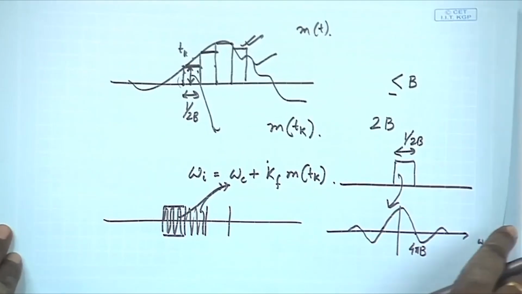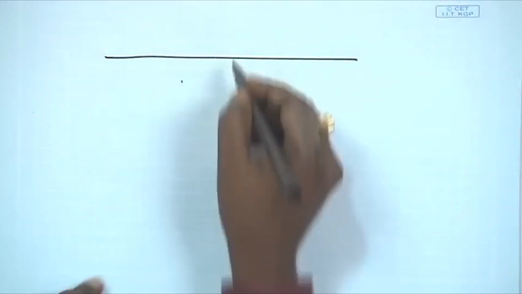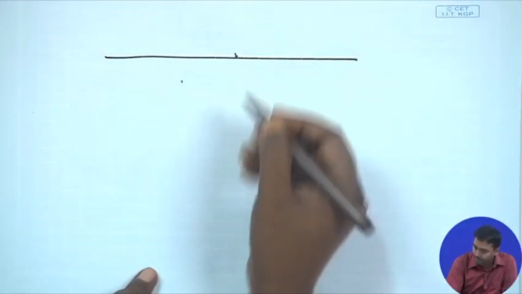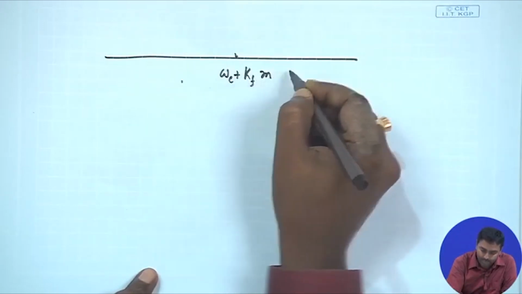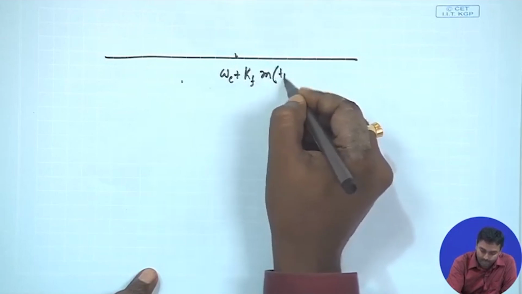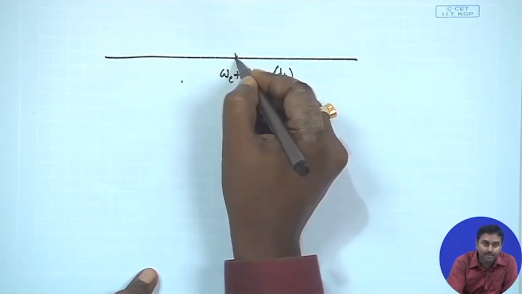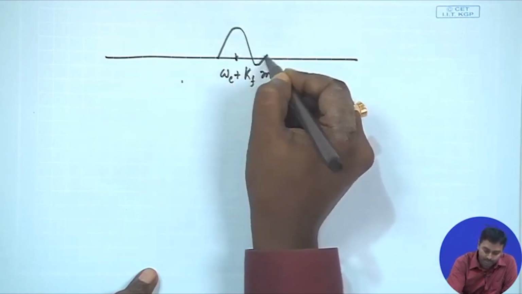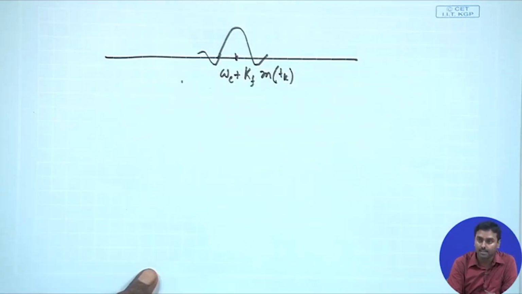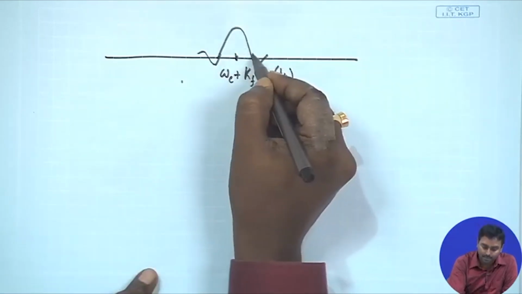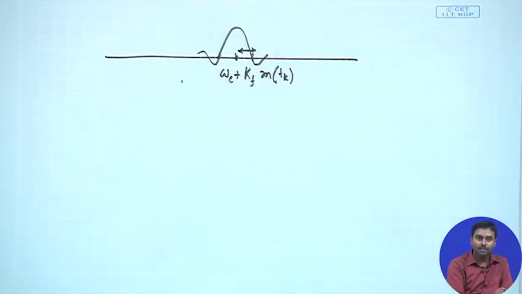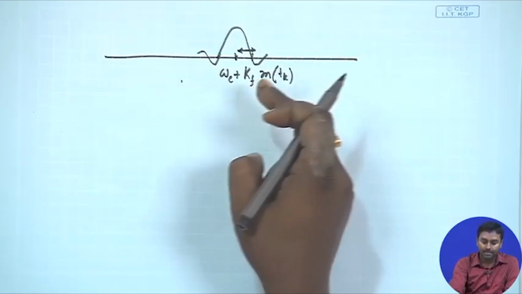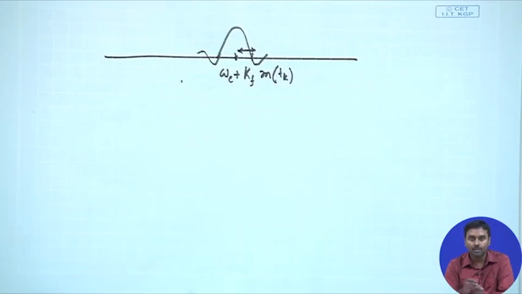Correspondingly, if I start drawing the frequency domain chart, for this m(t_k) the frequency should be omega c plus kf into m(t_k). At that center frequency there will be a sinc function whose zero crossing will be plus 4 pi b, so omega c plus kf m(t_k) plus 4 pi b.